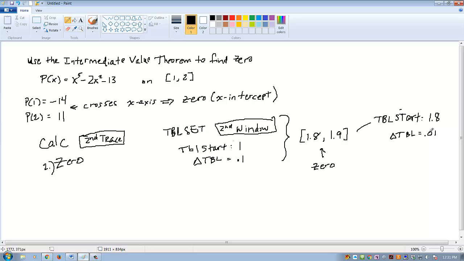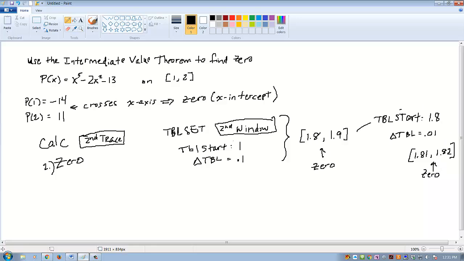So if I do that, we then see that it now goes from 1.81 to 1.82 is where our 0 is. And you can just keep going like this if you want.